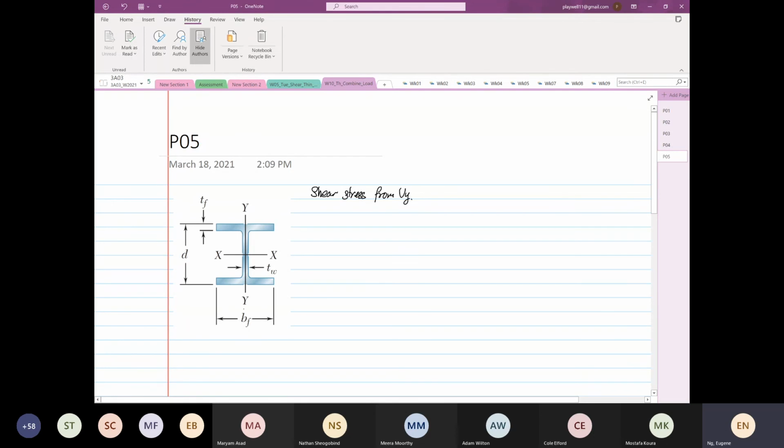Again, this is your Vy. I'll make this quick. And this is how your shear flow is going to move. Here is your element B. So we know that element B will not be 0.